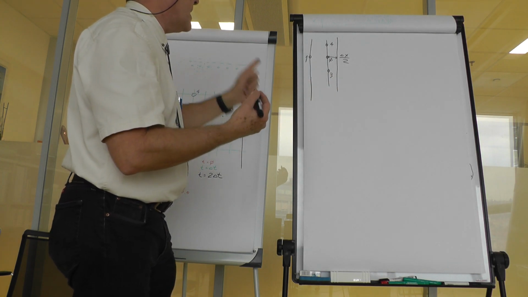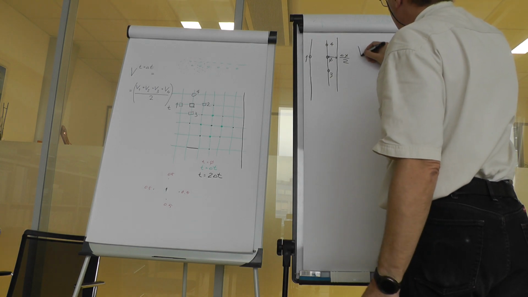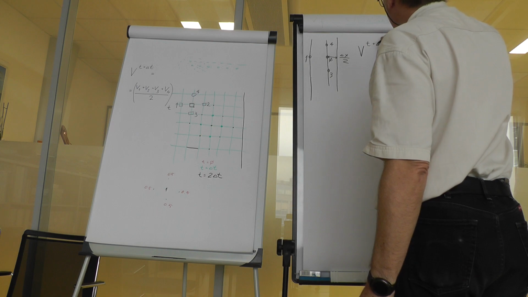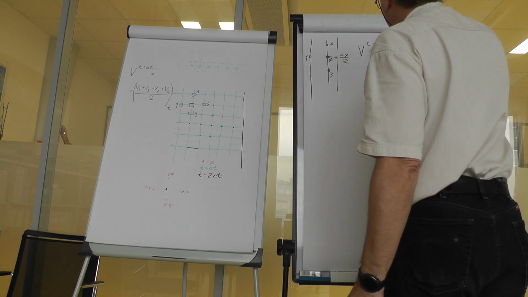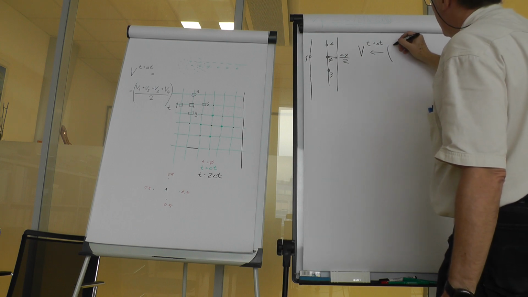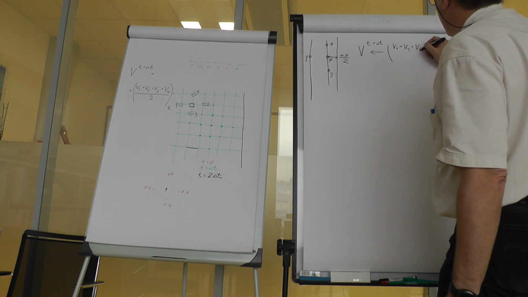So in this case, we will have the update formula, voltage in the next time step, and it would be V1 plus V3 plus V4.